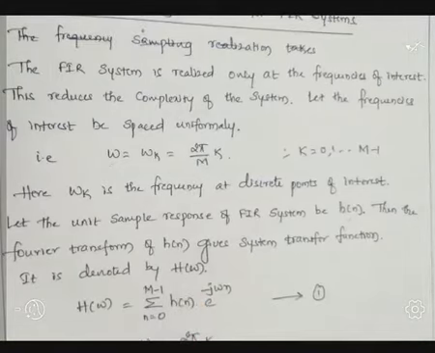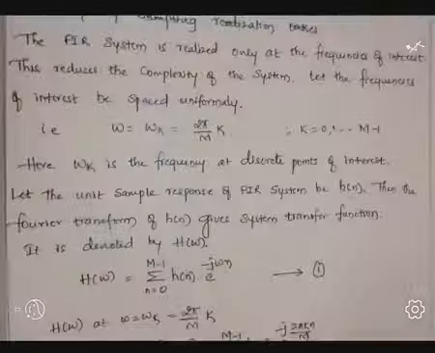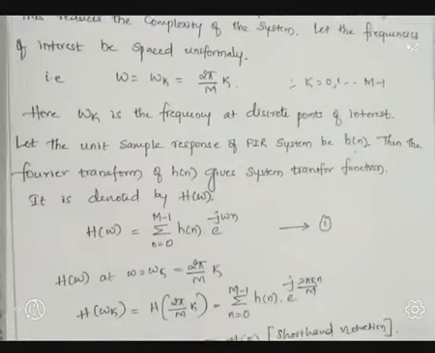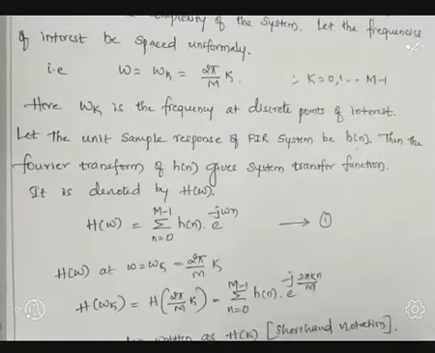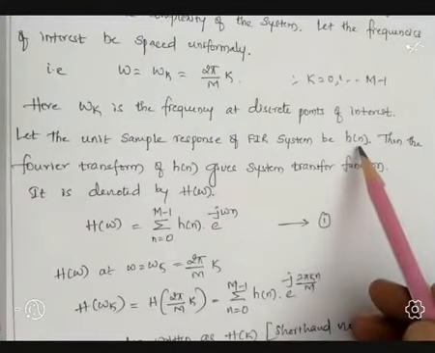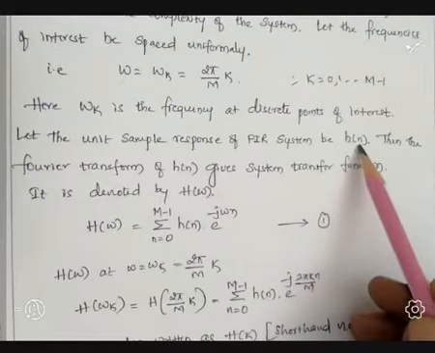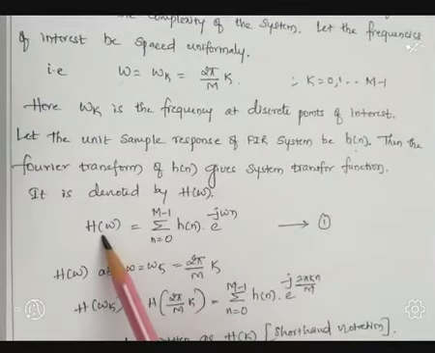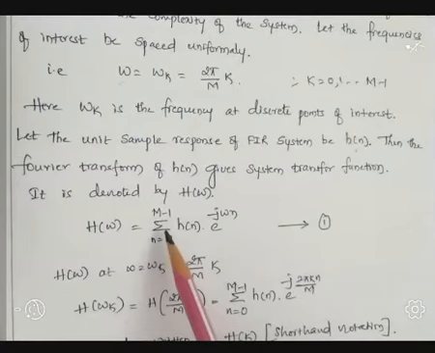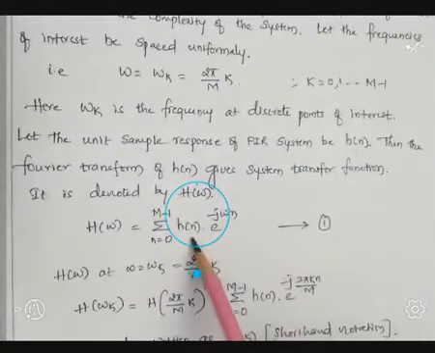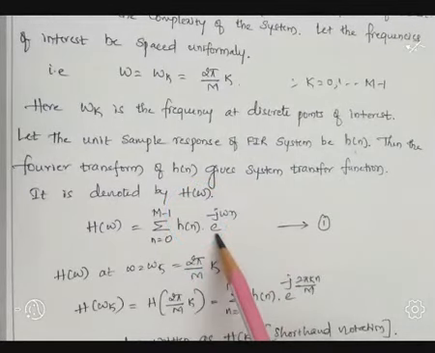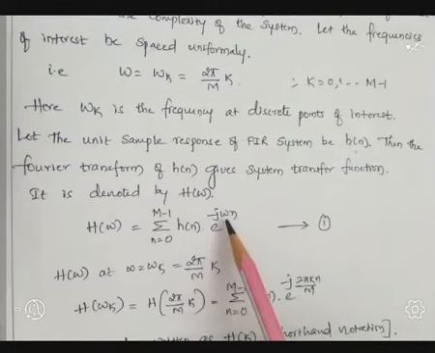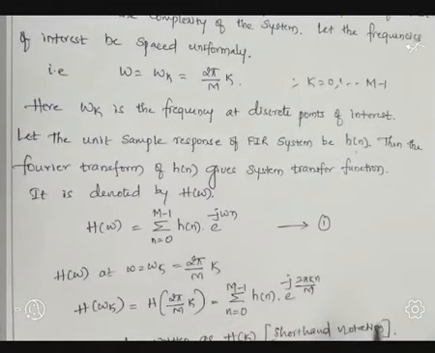Using the definition of the Fourier transform, H of omega equals summation over n equal to 0 to m minus 1 of h of n multiplied by e to the power minus j omega n. That is equation number 1.